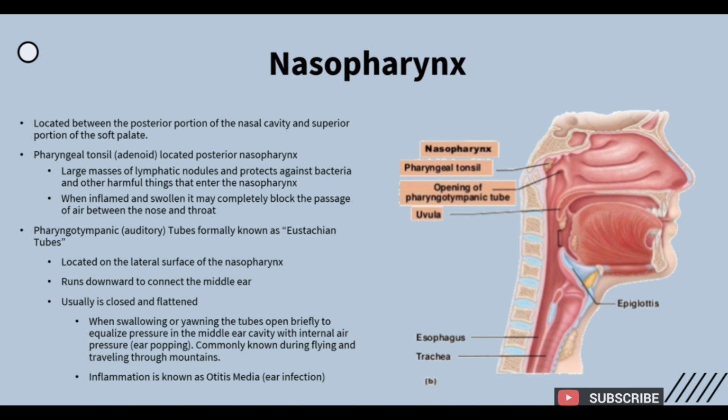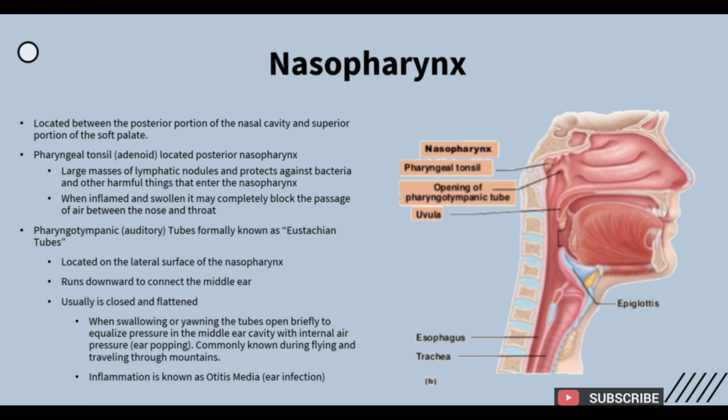The next part that we're going to be traveling down to talk about is the pharyngotympanic tubes, which is also known as your auditory tubes, formerly known as eustachian tubes. These are located on the lateral surface of the nasopharynx and run downwards to connect to the middle ear, and it's usually closed and flattened.